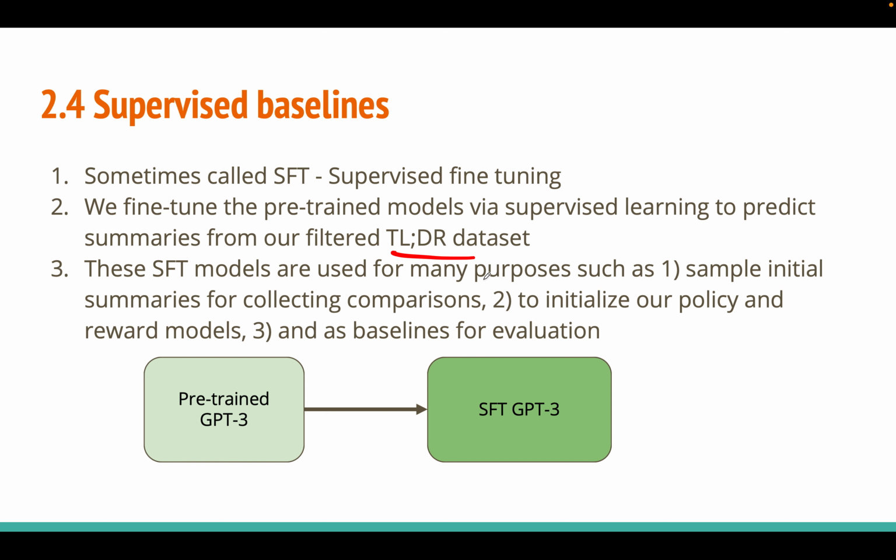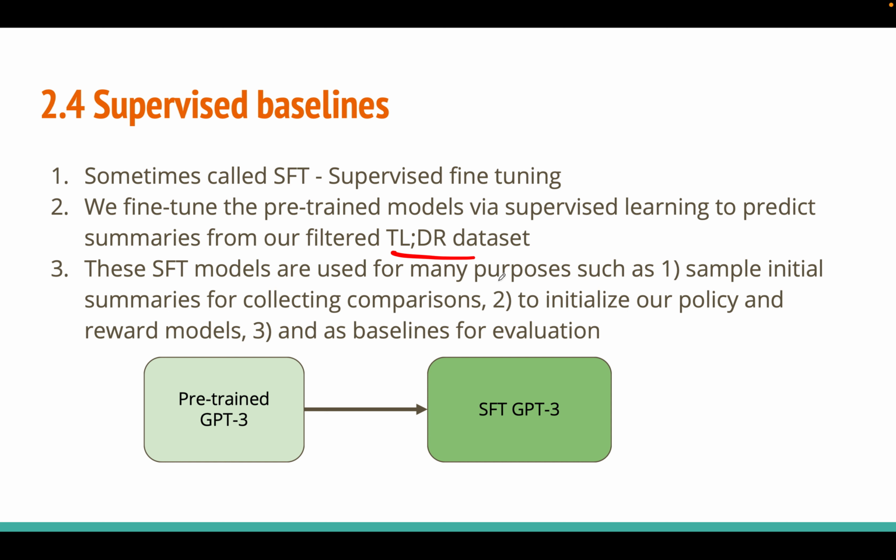One is to sample initial summaries for collecting comparisons. As I said in the high-level overview, we sample summaries from different policies for humans to grade which summary is better, so you can use the SFT model for that purpose. We also use it to initialize our policy, the final model we want to train, and the reward model.